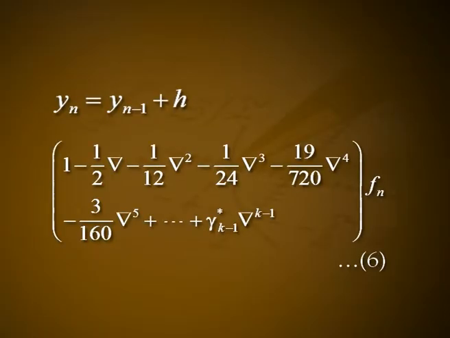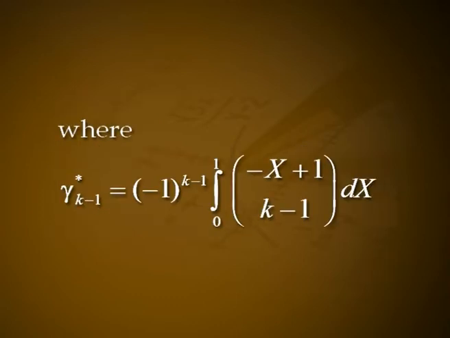Proceeding as in the previous section, we obtain yn = yn-1 + h [1 - 1/2 del - 1/12 del^2 - 1/24 del^3 - 19/720 del^4 - 3/160 del^5 + etc. + gamma*k-1 del^(k-1)] fn. Let it be 6, where gamma*k-1 = (-1)^(k-1) times the integral from 0 to 1 of (-x+1 choose k-1) dx. Equation 6 is the Adams-Moulton's formula.